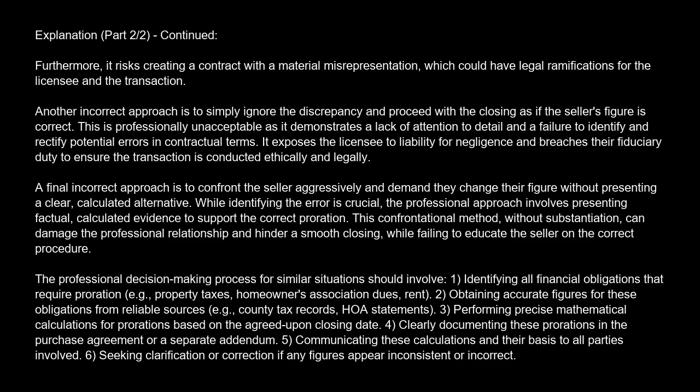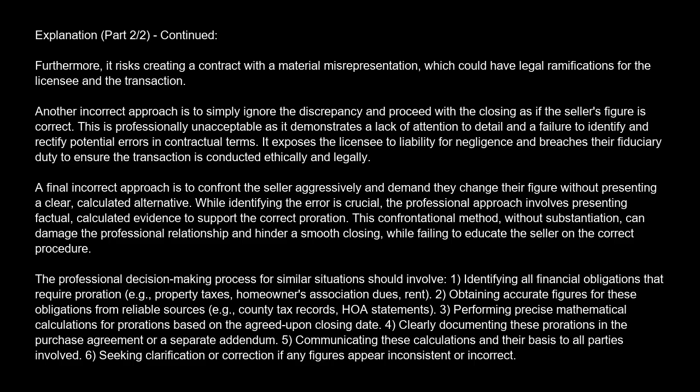Furthermore, it risks creating a contract with a material misrepresentation, which could have legal ramifications for the licensee and the transaction. Another incorrect approach is to simply ignore the discrepancy and proceed with the closing as if the seller's figure is correct. This is professionally unacceptable as it demonstrates a lack of attention to detail and a failure to identify and rectify potential errors in contractual terms. It exposes the licensee to liability for negligence and breaches their fiduciary duty to ensure the transaction is conducted ethically and legally.